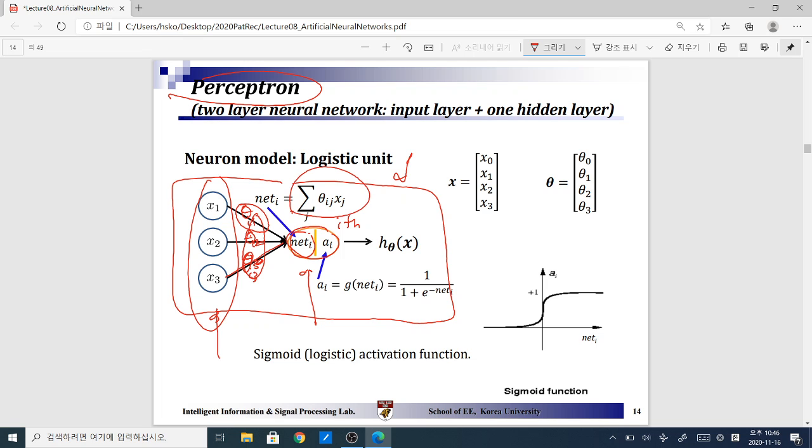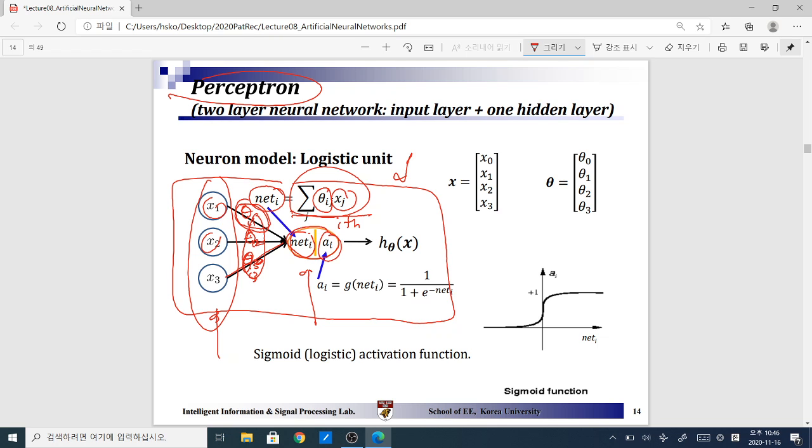One is the aggregation of the input by means of a weighted sum of the input, where the weight is given by the connecting wires' parameter value theta sub ij, multiplied by each of these input features. So net i is that computation, the computation of the weighted input features.